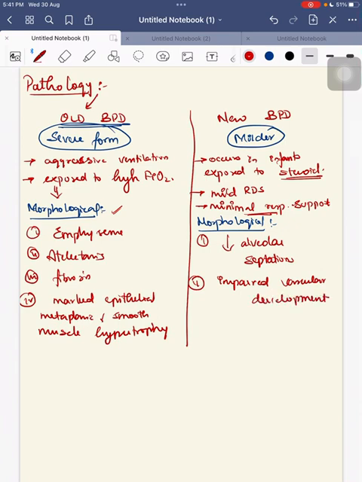These changes are more due to an arrest in lung development than a mechanical injury, while in the old BPD, the changes are mostly due to a mechanical injury. Okay, so these are the pathological changes in BPD.